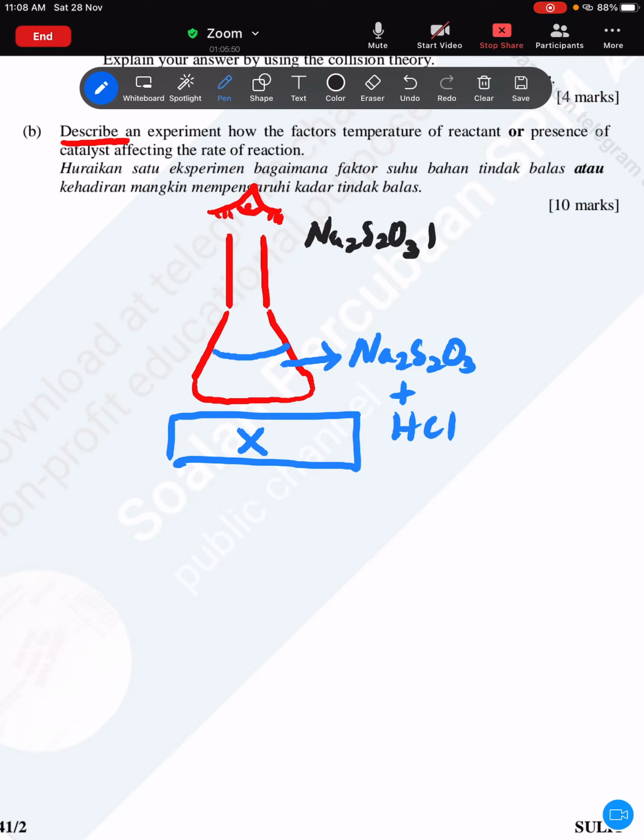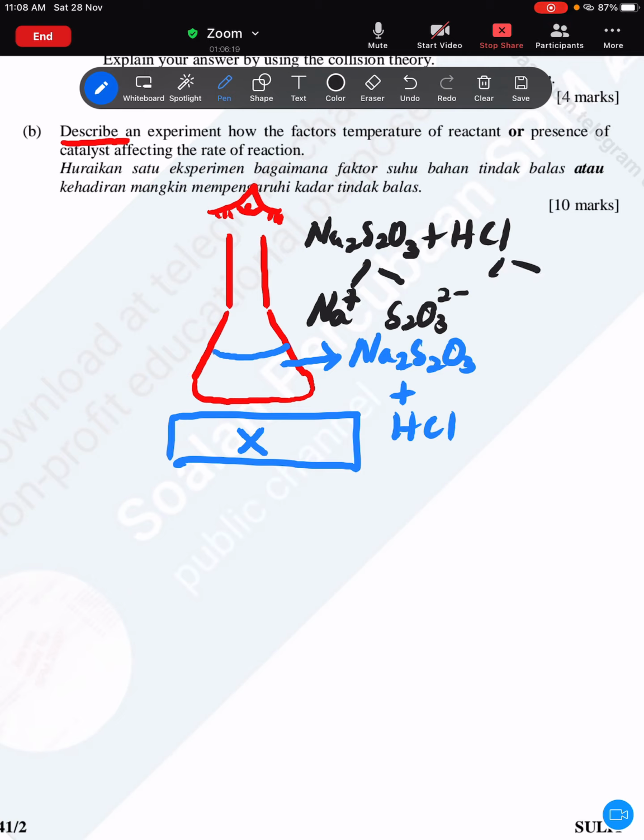From the diagram, the equation will be Na2S2O3 plus HCl. Guys, do you still remember how to do this? Very good. And this one will break accordingly. Pecahkan dia kepada cation and anion. It becomes Na plus and S2O3 2 minus.